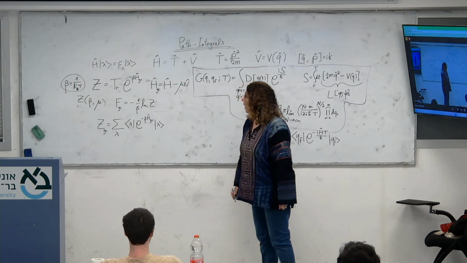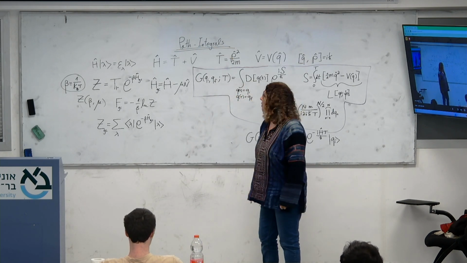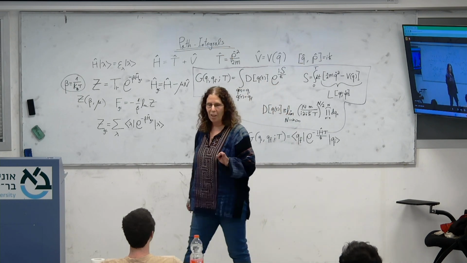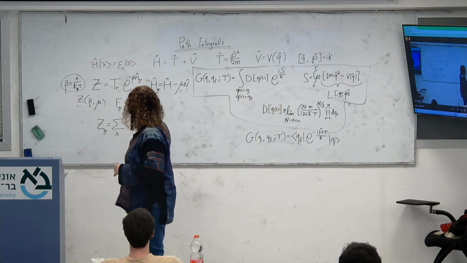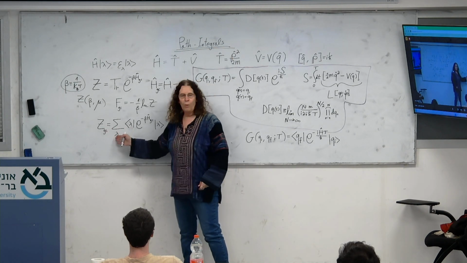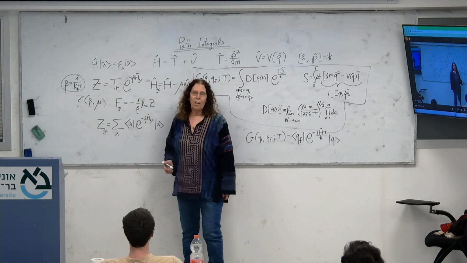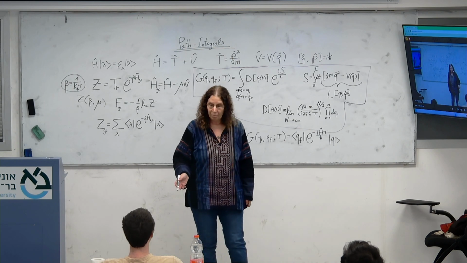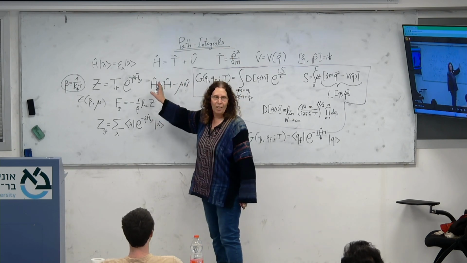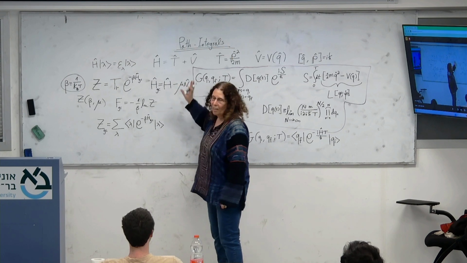Now let's take the simplest example of a physical system for which we can compute the partition function from this definition: a single particle. For a single particle, we don't care about the second term.